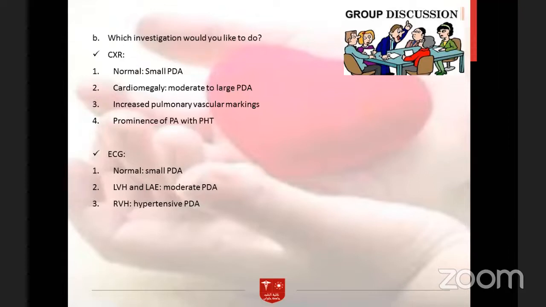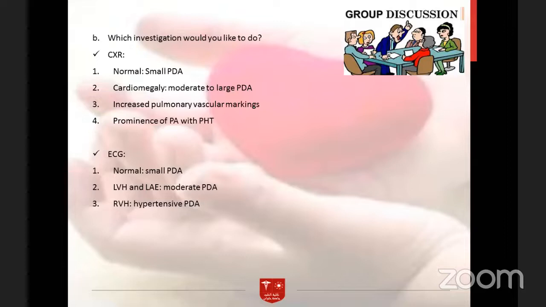Thank you so much, Dr. Muhammad Sabir, for stressing on the basic tools like chest X-ray and ECG, because it gives us a clue about the significance of shunting, the degree of shunting.